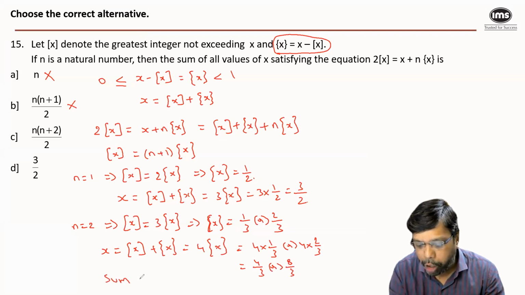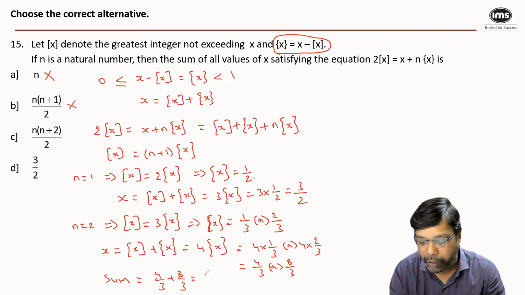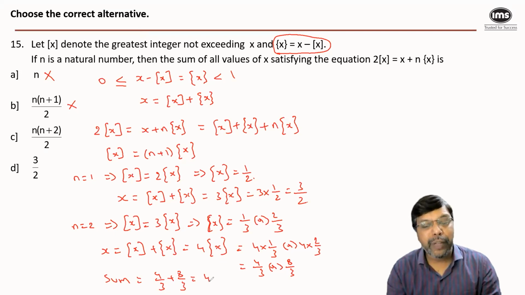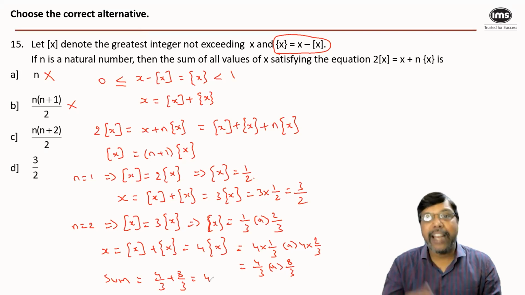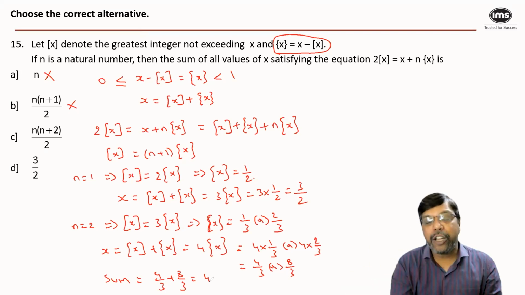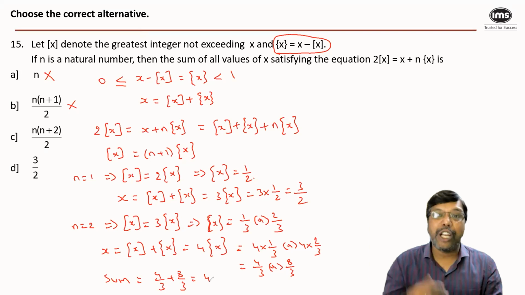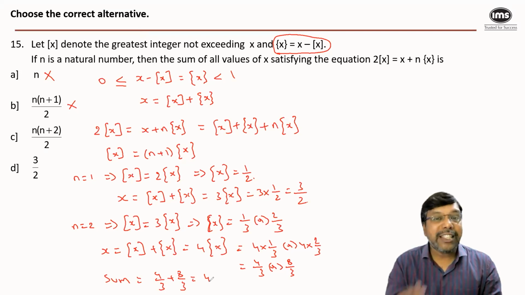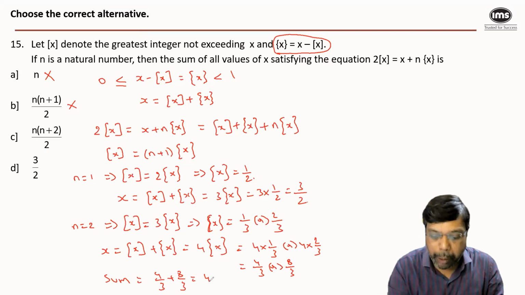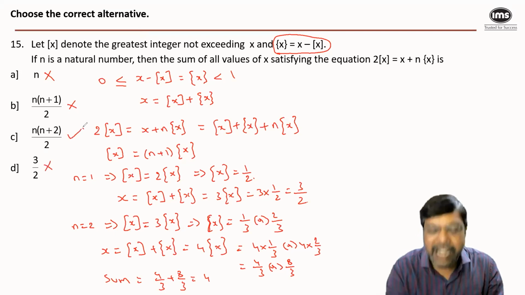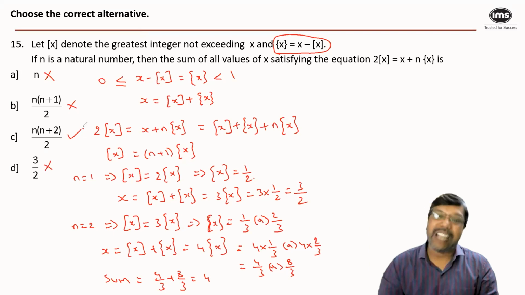So the sum of all possible values of x is 4 by 3 plus 8 by 3, that is equal to 12 by 3, 4. Now, if I substitute n is equal to 2 in answer option C, we get 2 into 4 by 2, which is equal to 4. Whereas option D does not say 4. Hence, option D is ruled out and answer option C is the right answer.